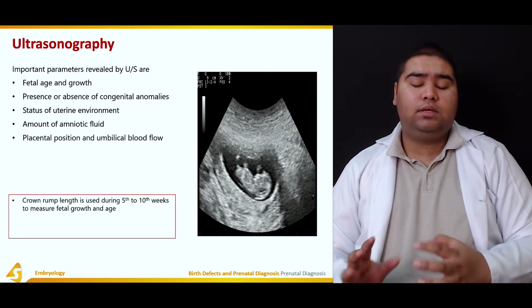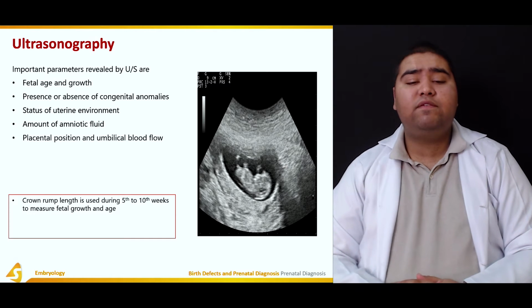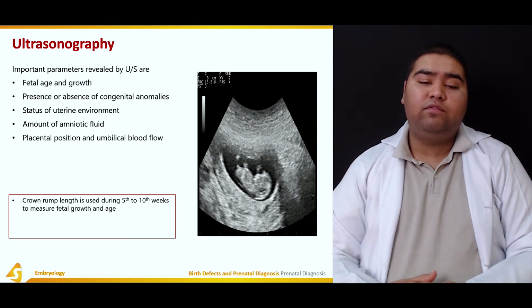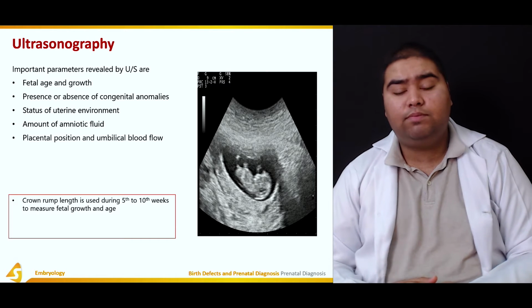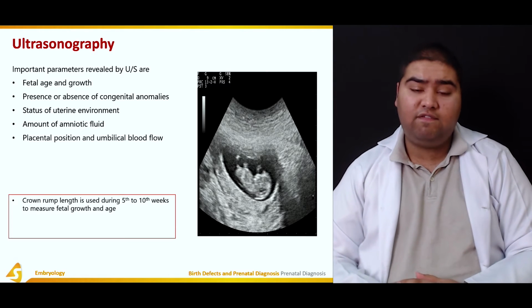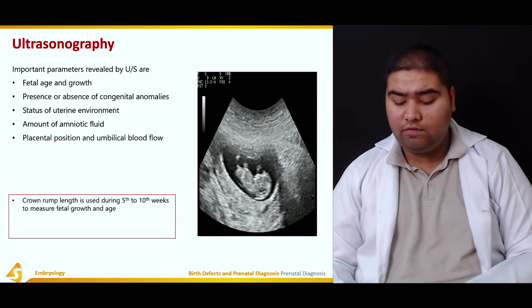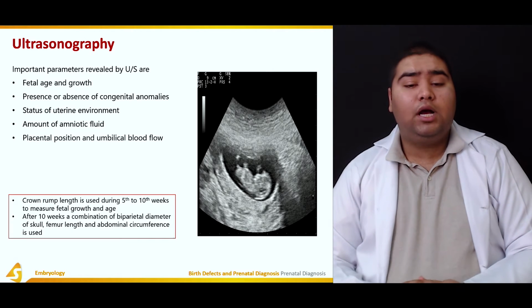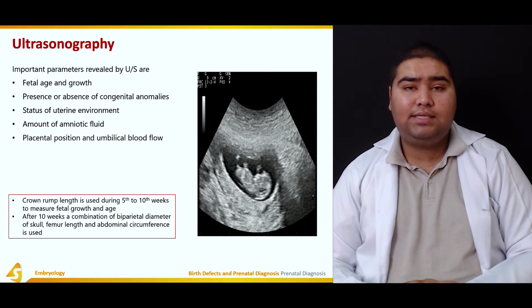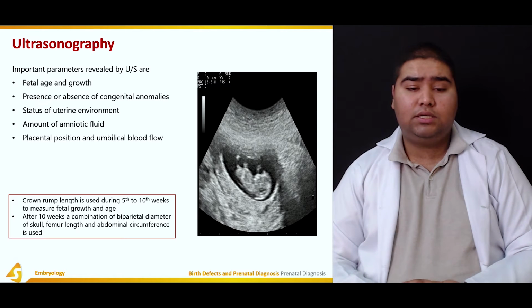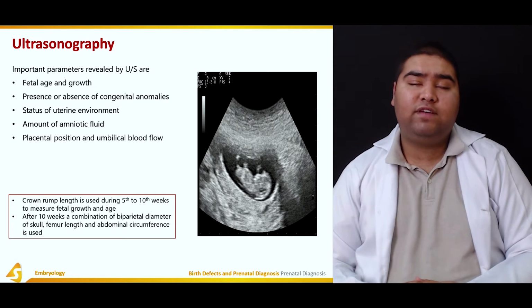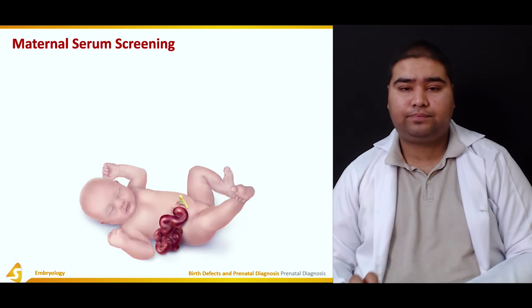In order to measure fetal growth, crown rump length, which is the length from the tip of the head to the tip of the buttocks, is used during the 5th to 10th weeks of pregnancy. After that, a combination of biparietal diameter, between the two parietal bones of the skull, the femur length, and abdominal circumference is used.